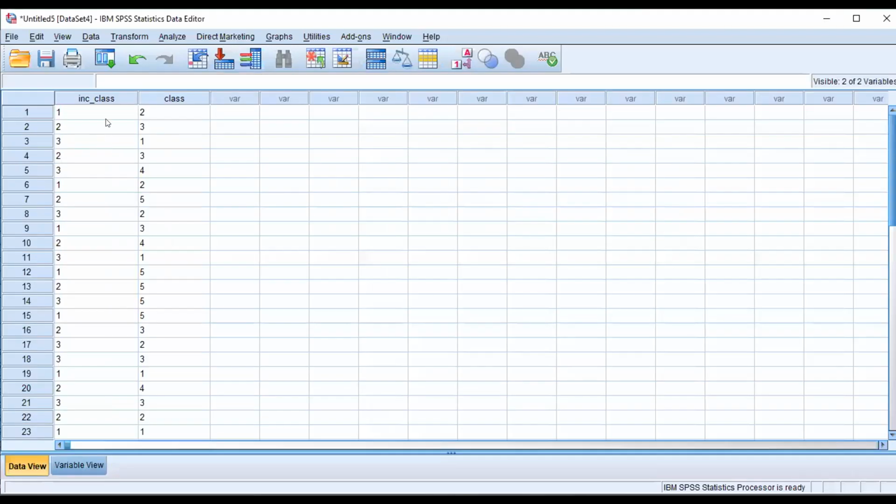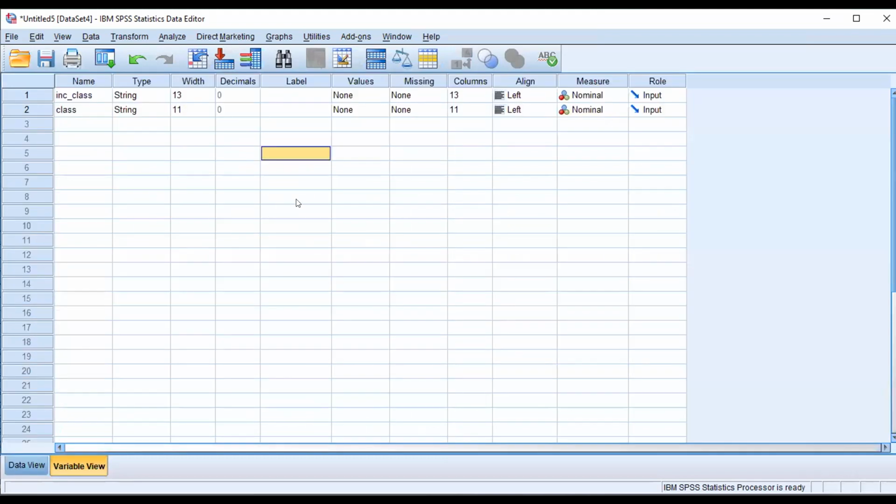This is my data set, which is depicting the two variables, income class and class performance. We want to check whether the income class is affecting the student's class performance or not. Because we are importing data from Excel, it is completely in number form, but here you have to categorize the data set.